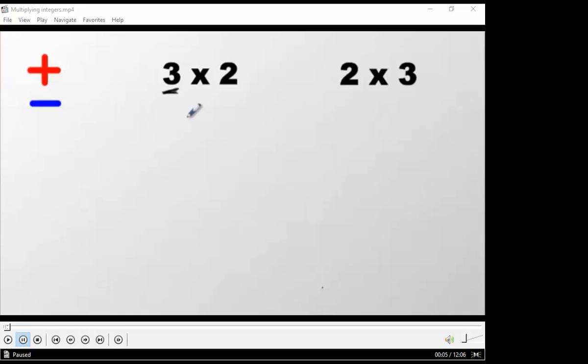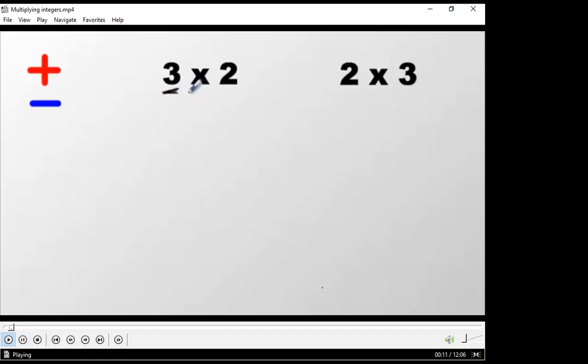Yesterday I said we can translate 3 times 2 as 3 groups, and each group consists of 2.